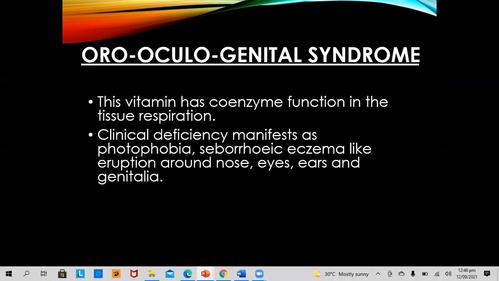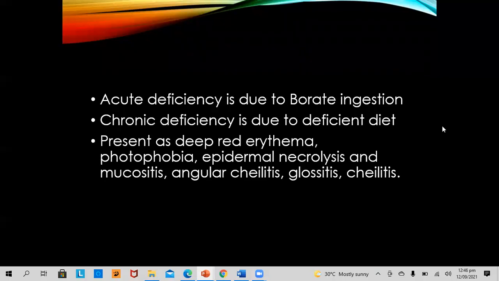So this vitamin is a coenzyme function in tissue respiration. And clinical deficiency manifests as photophobia, seborrheic eczema-like eruption around the nose, eyes, ear, and genitalia. That's why it is called oro-oculo-genital syndrome.